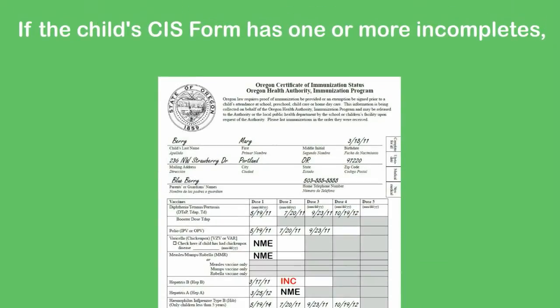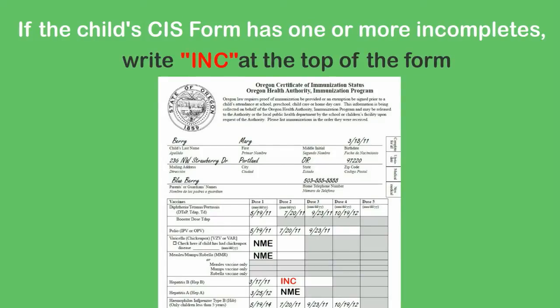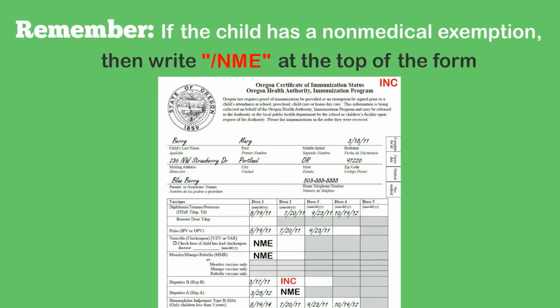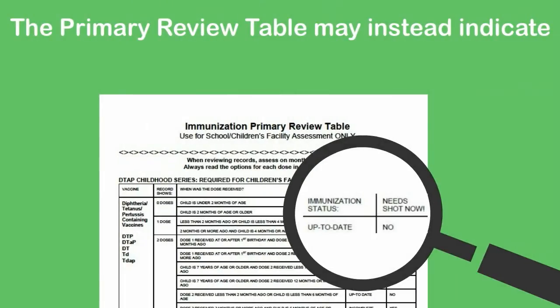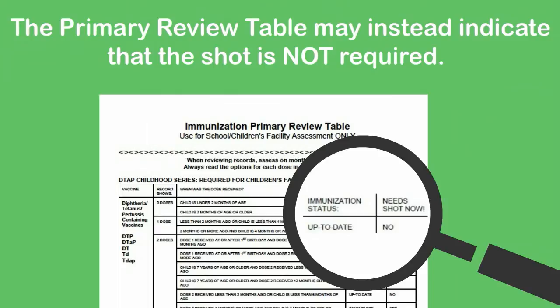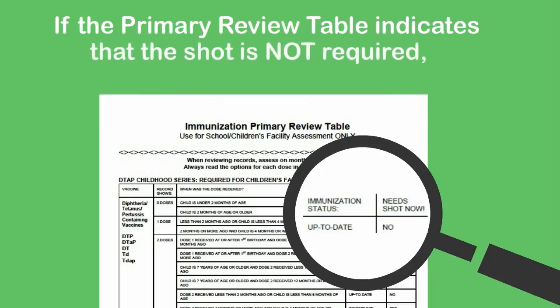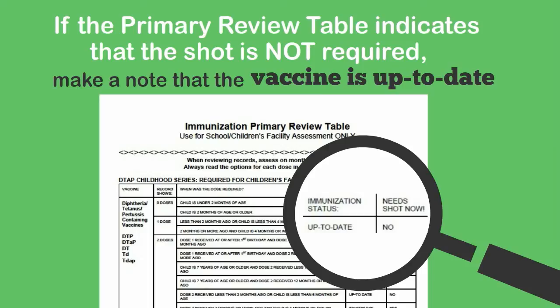If there are any incompletes on the CIS form, you'll mark INC at the top. If the primary review table indicates that a shot is not required, leave yourself a note that the child is up to date for that vaccine.